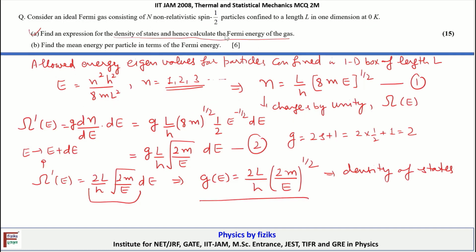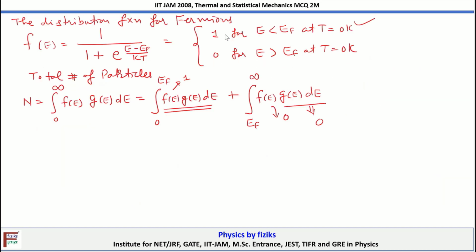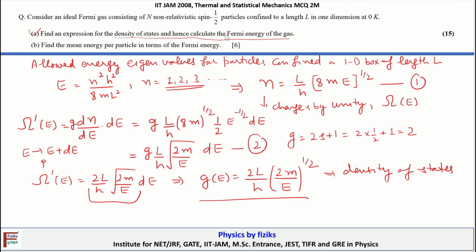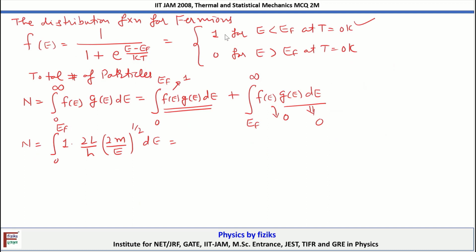So the number of fermions in the system is the integral from 0 to EF of 1 multiplied by 2L upon h, (2m/E) to the power 1/2 dE. Let me check, yes, that's 2L upon h, and this comes out to be 4L by h.